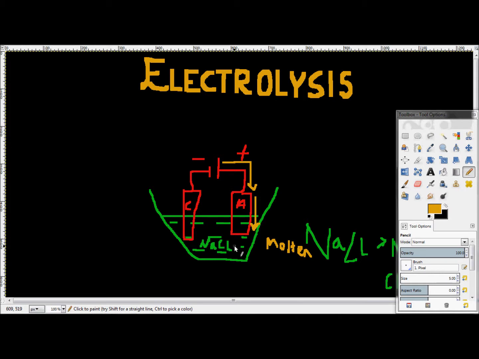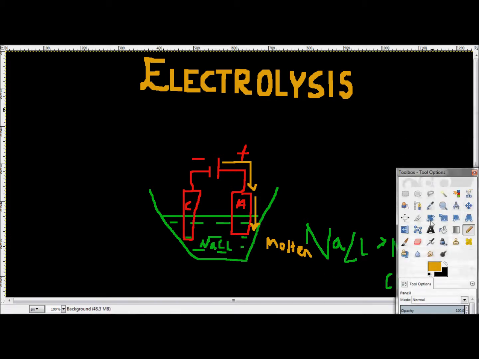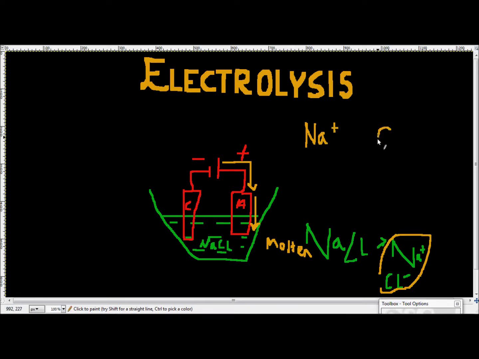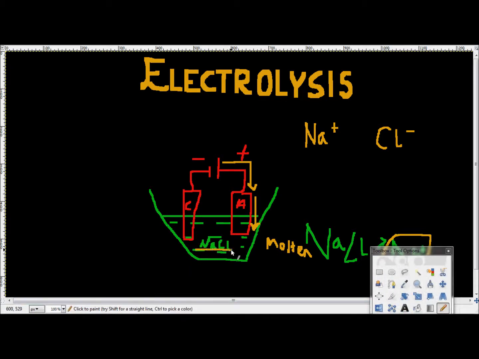So Na and Cl, in order to conduct the electricity, break up and give us Na+ and Cl-. Now just imagine that this NaCl over here, as the current starts flowing, breaks up into Na+ and Cl-.